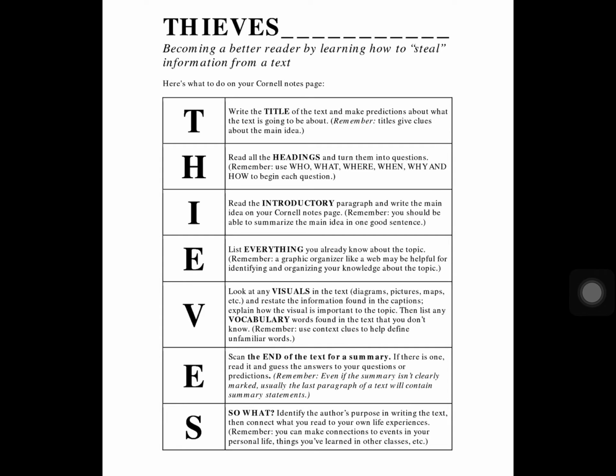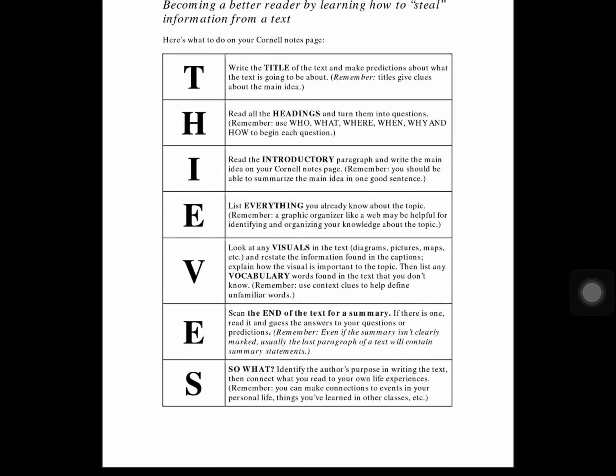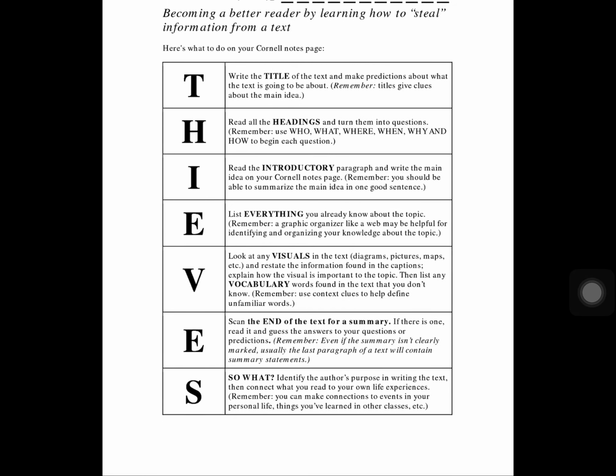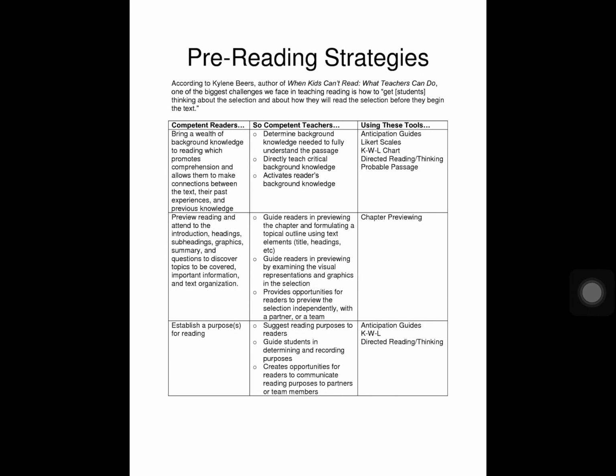Because, likewise, the introductory paragraph, you can also have a summary or compilation of the information that the article is about. Finally, you have the S, which means "so what," and has to do with the purpose or the main objective the author had when he or she wrote the text. Okay, so it's important to pay attention to those things.